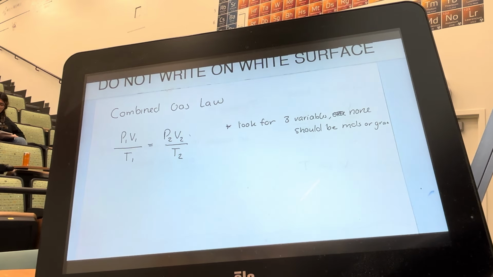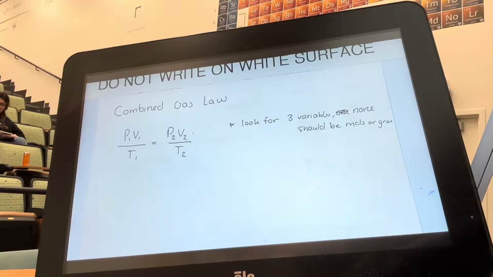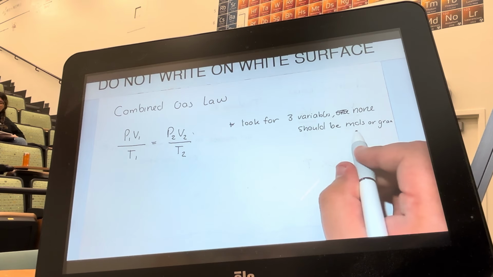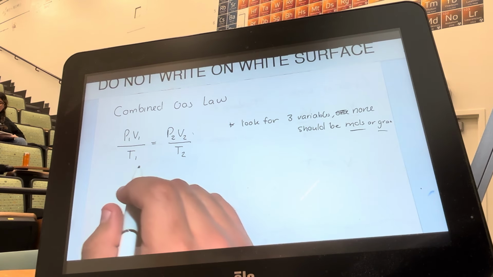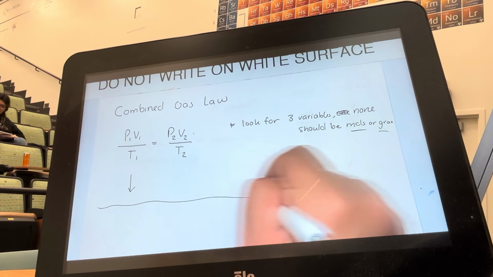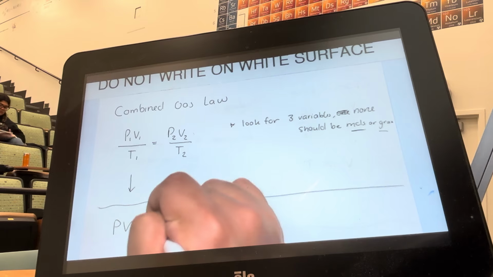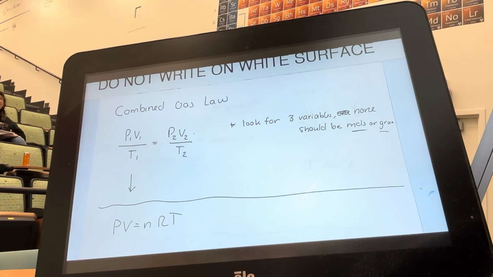So moles or grams should not be one of those variables. Because, as you will see in a second, if you do have moles and grams, you have to use something else. And that introduces us to probably the most important law in chapter 5, the ideal gas law, or Pevner, as I'm going to call it. Okay?